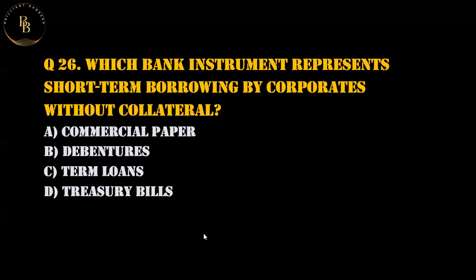Whenever a corporate is issuing something, it is going to be a commercial paper, which is an unsecured promissory note issued by highly rated firms for a period lesser than or equal to 1 year. So the maximum period is 365 days.